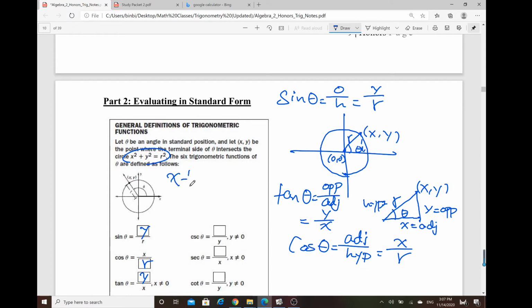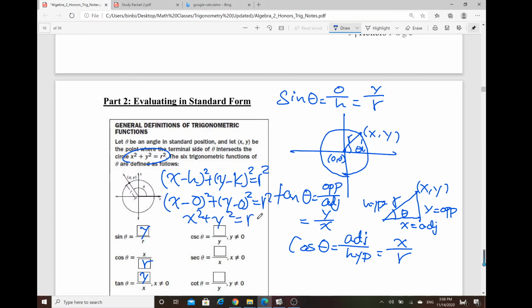Going back to the standard form, x minus h quantity squared plus y minus k quantity squared equals r squared, from the conic sections we did recently. But here the center is 0, 0, so x squared plus y squared equals r squared.